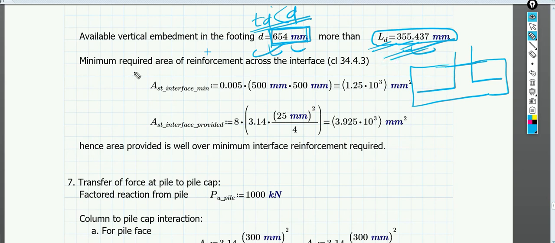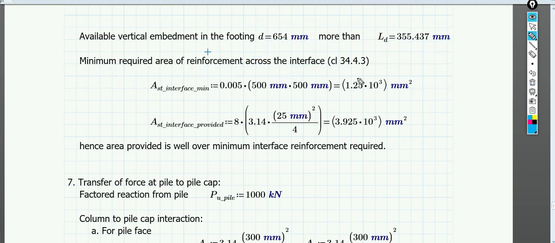Now we have to check for the minimum requirement of the steel, which we have also discussed in clause 34.4.3, which is 0.5%. So at the interface, if I consider a column of 1250 mm square, this much reinforcement is required.